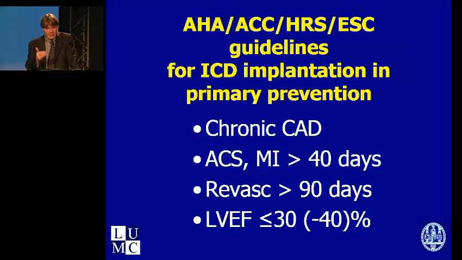If you have had an ACS or an infarction, one should probably wait a little bit and reassess the ejection fraction, and based on that, make the decision for an ICD. After revascularization, one should also wait because ejection fraction may still increase, and then the need for an ICD would be less. The main driver is actually an ejection fraction, LVEF, of less than 30 or maybe up to 40%.